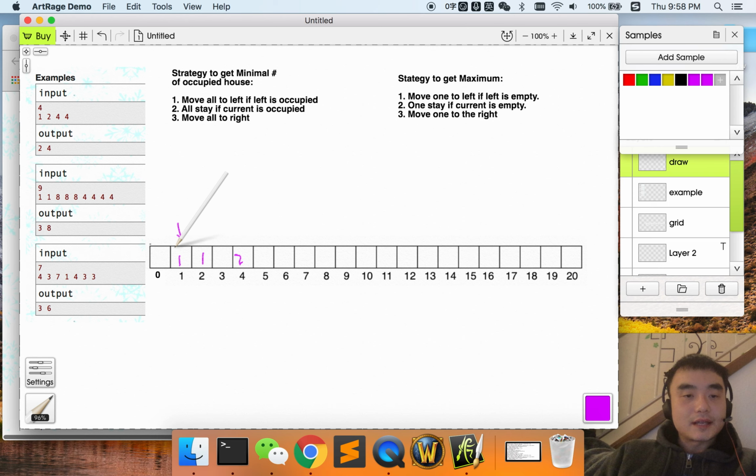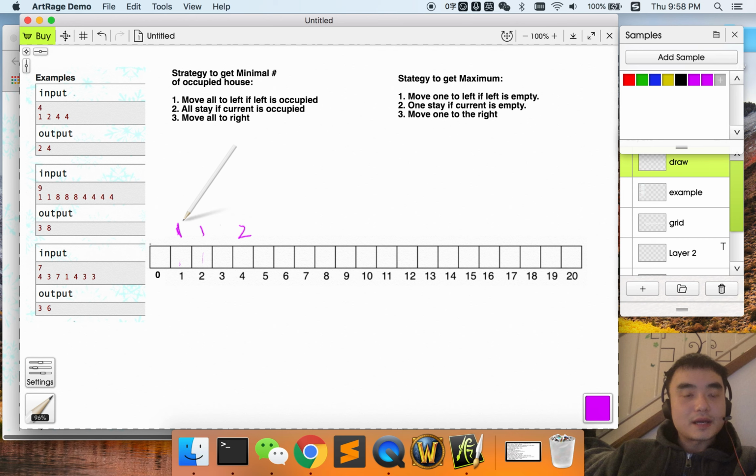So for the leftmost house, let's check if its left is empty. Cool, its left is empty. So we move one person to its left house, right? So actually, we are going to write the number outside the room, right?